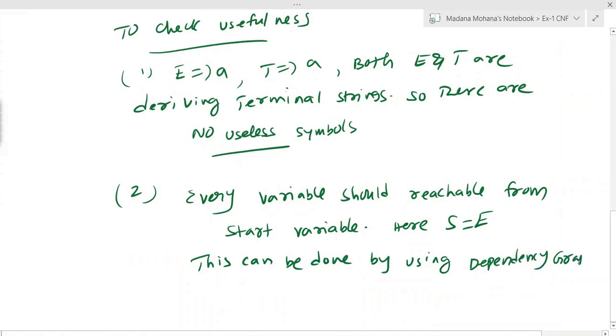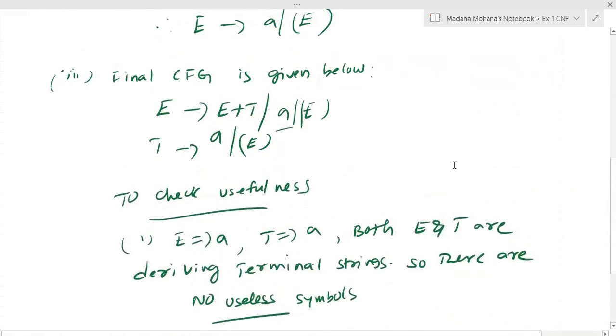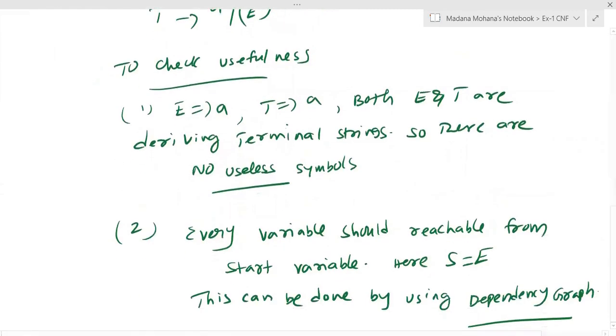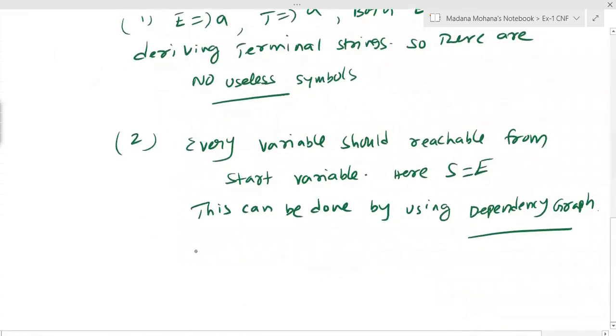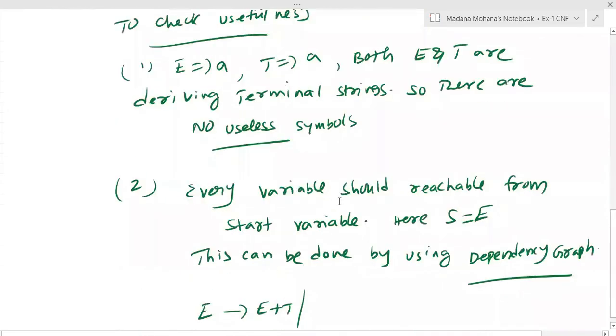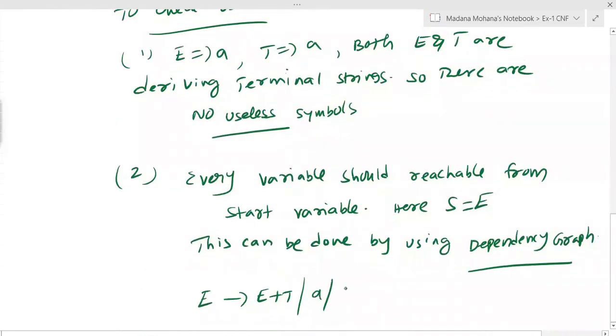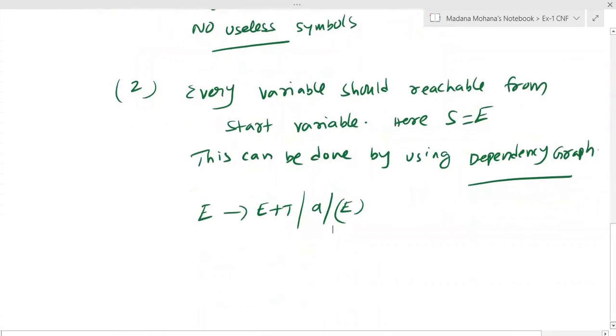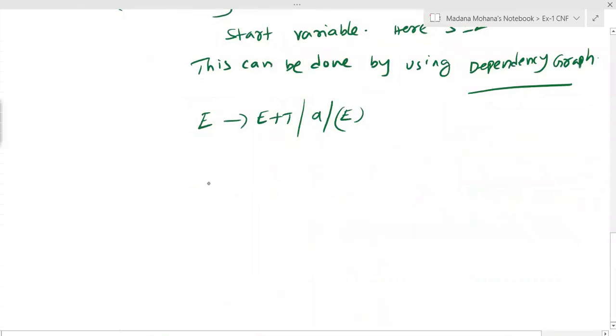Now you can construct the dependency graph for the starting productions. Take the resultant E productions: E derives E plus T or terminal a or E within parentheses. For this, draw its dependency graph. First take the starting variable E, then the right hand side variables.